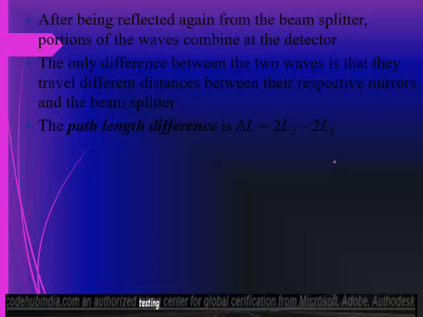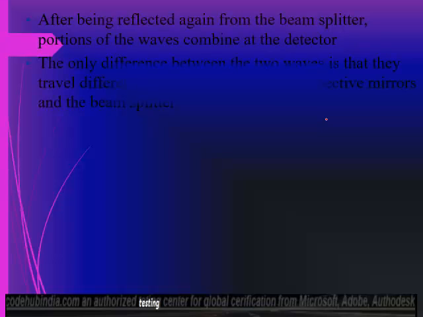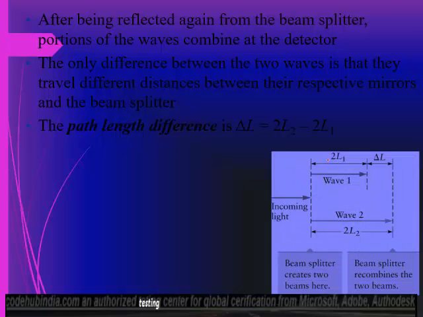What will it be? The path length difference, delta L equal to 2L1 minus 2L2.